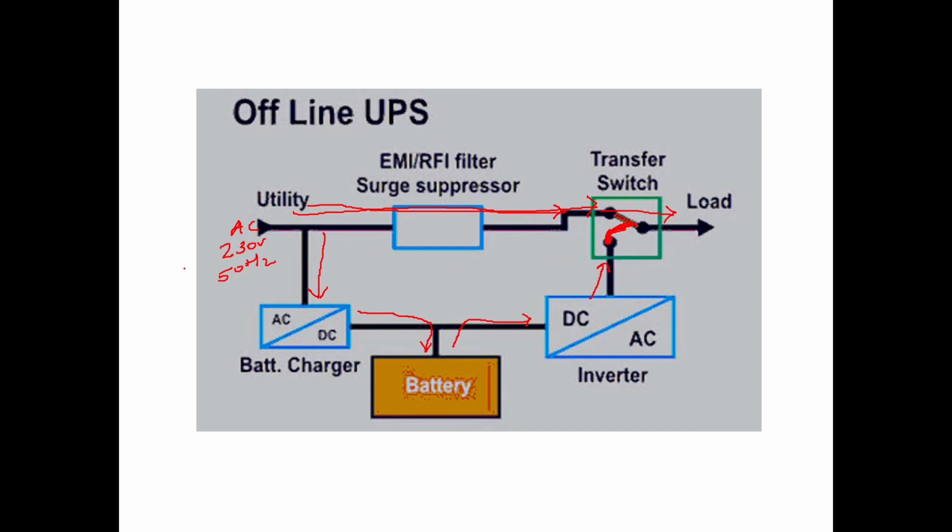Then the battery, whatever it has charged, that DC will come here, be converted to AC, and then given to the load via this path. That means whenever there is failure of power supply, the battery will provide the power. Otherwise, the mains is directly connected to the load via the EMI or RFI filter. Okay, so this is your offline UPS.